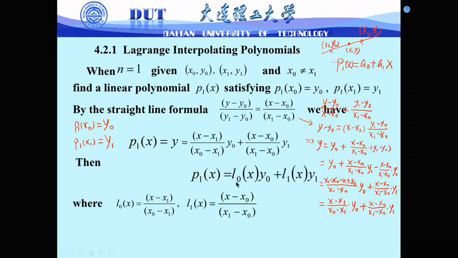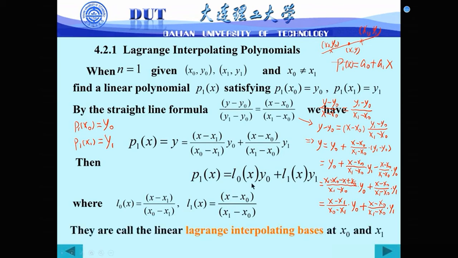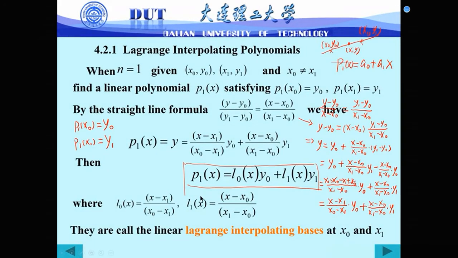Is it okay for you? We just use a different form, but now this linear function we call the linear Lagrange interpolation basis. These two, L0(x) and L1(x), at the two nodes x0 and x1. I introduce you the new definition.